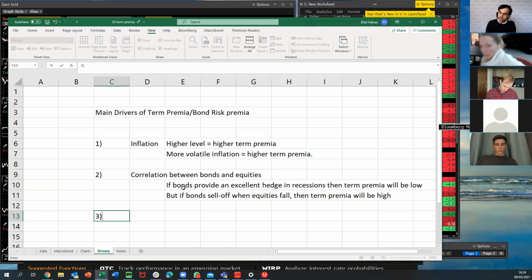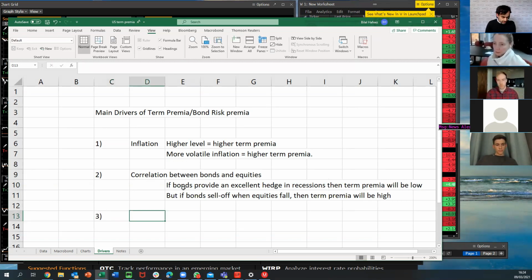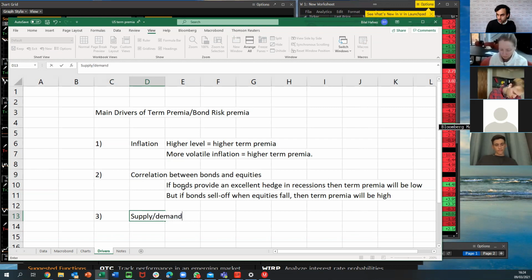The third one, and a lot of people focus on this, is supply dynamics, supply and demand. Well, I would say government supply and central bank demand dynamics.